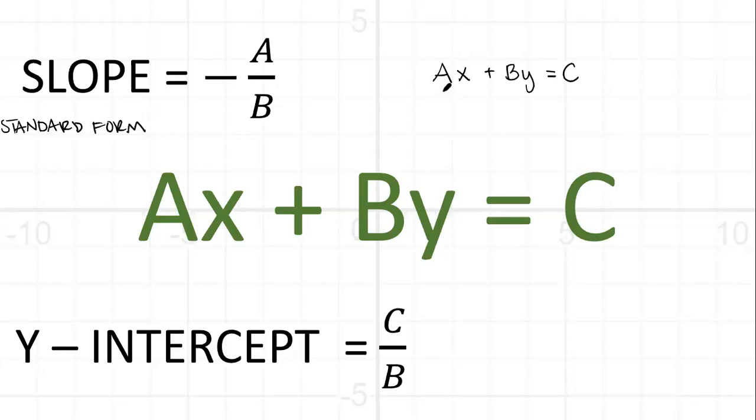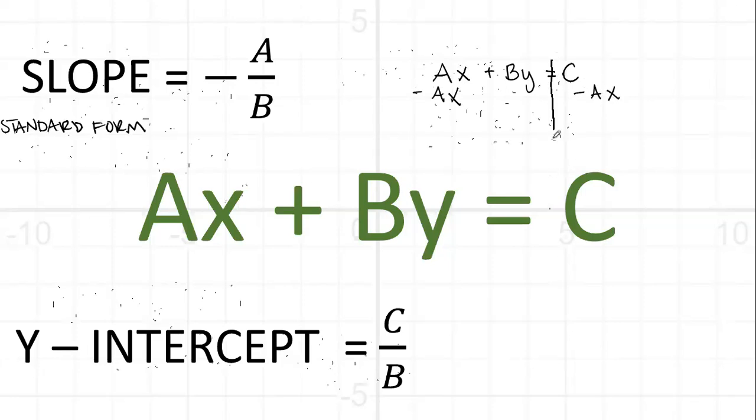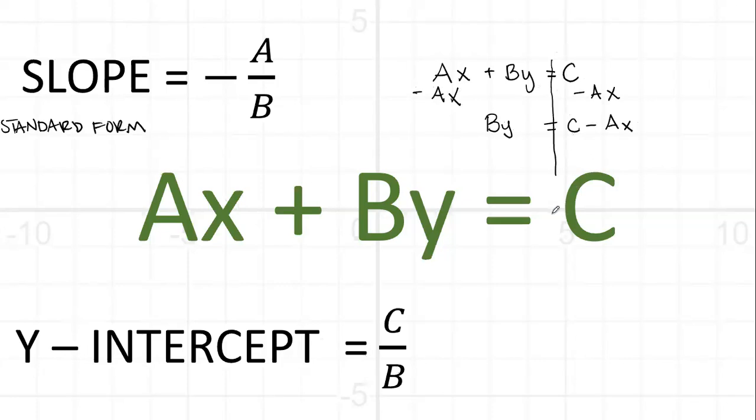You subtract. Perfect. I'm gonna subtract ax from both sides. When I do that, it gives me by equals c minus ax. I almost have this as a y equals equation, but this b is attached to it, multiplied.